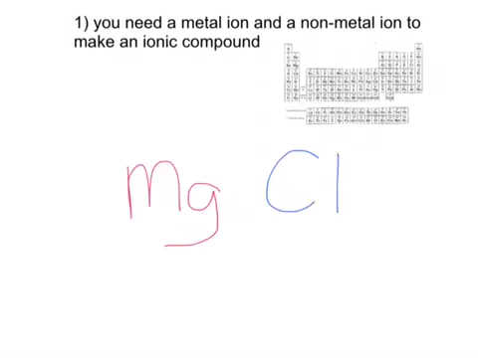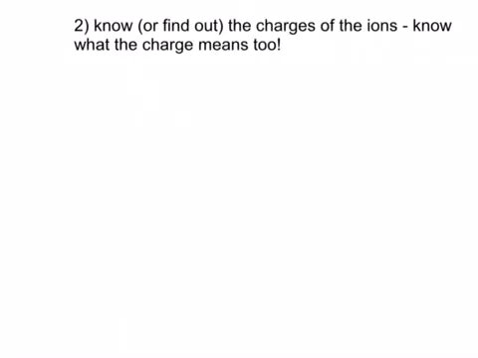We're going to do two examples, and the second one is from over the side, so sodium over here is a metal ion, it's a positive ion, and over the other side we're going to pick a non-metal, so let's pick oxygen for that one. On the next screen we're going to look at how we actually remember what the charges are of these ions. Okay, so let's do our first example of magnesium chloride.